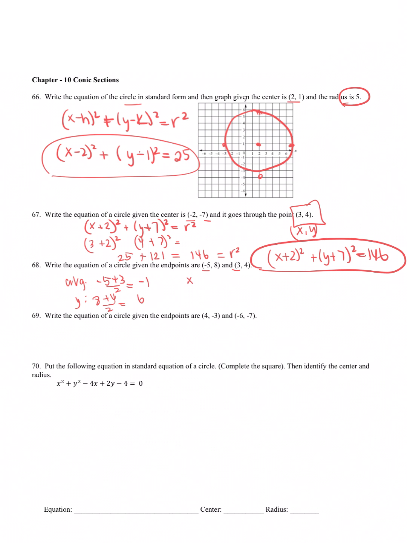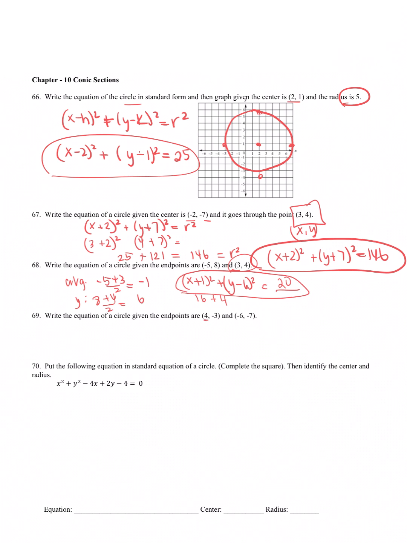So the center is x plus 1 squared plus y minus 6 squared. Doing the same thing to get the r squared, pick either one of these points. That one's smaller. 3 plus 1 is 4, squared is 16. 4 minus 6, -2 squared is 4. That's going to give me my r squared of 20, and that's my equation right there.